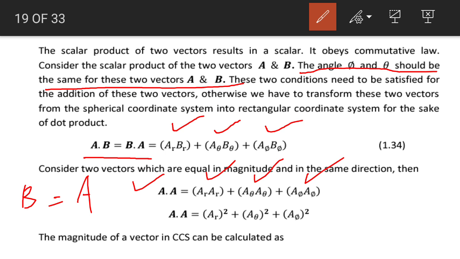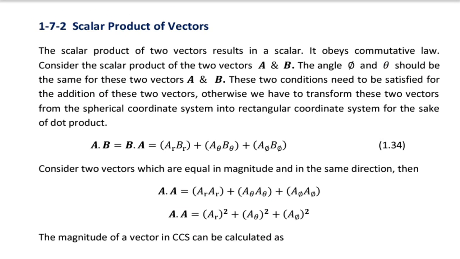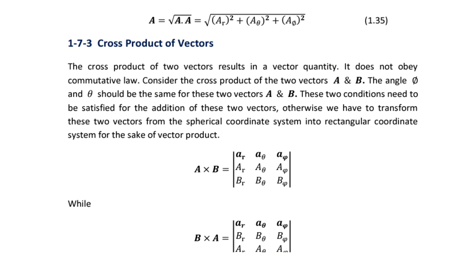So a dot a will be equal to ar square plus a theta square plus a phi square, and this is how we calculate the magnitude of a vector in any system.